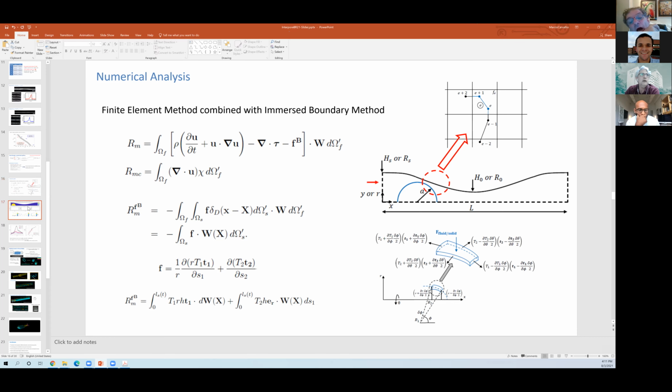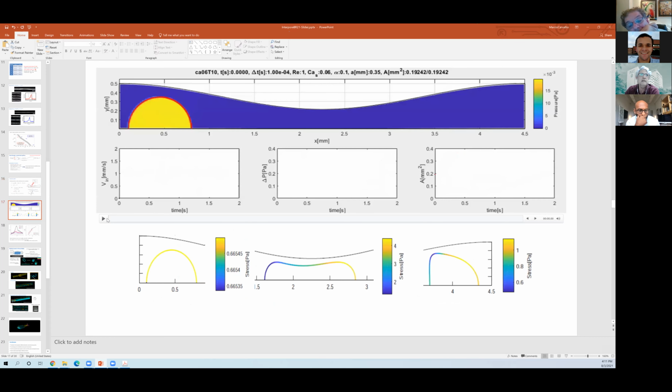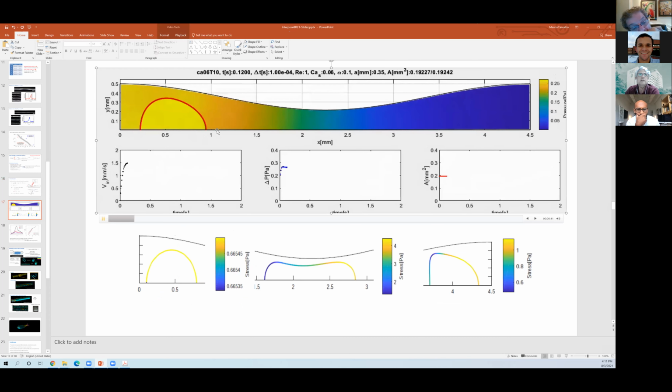So I solve velocity and pressure fields. In this case, I'm just showing the pressure field, but you can see that I calculate the pressure distribution inside the capsule from solving the Navier-Stokes equation and the continuity equation. To make it simple, we consider the viscosity to be the same, but otherwise I would have to have a marker function to know whether I'm on one side or the other of my one-dimensional model, so it would just be another variable that I would have to track.